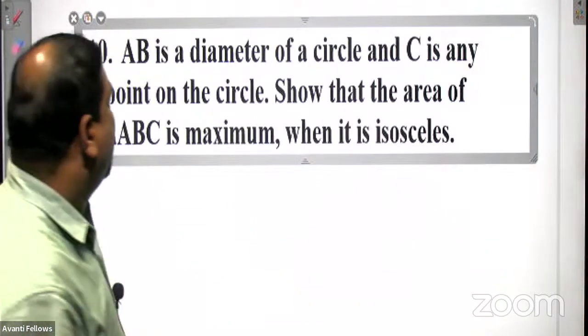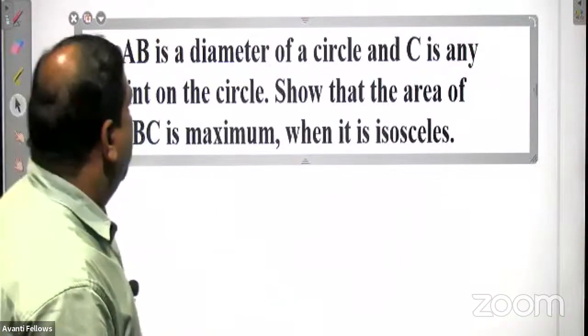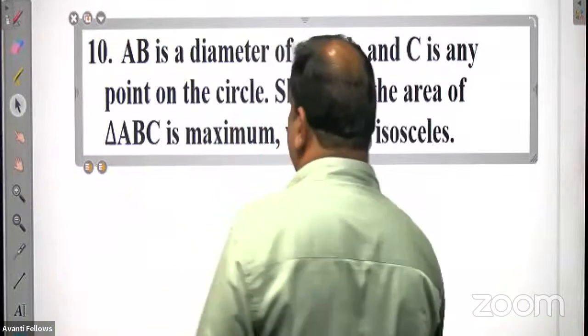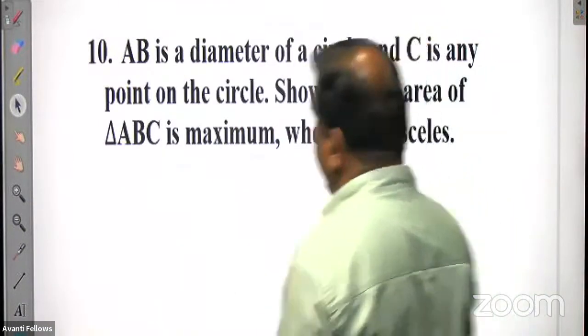I think the problem is clear to all of you. So there is a circle, and AB is a diameter of the circle.